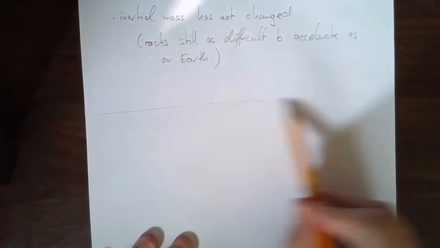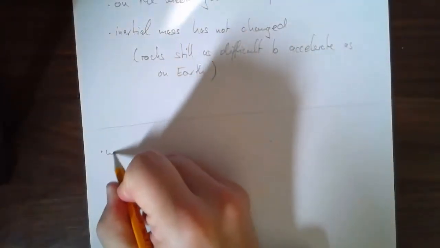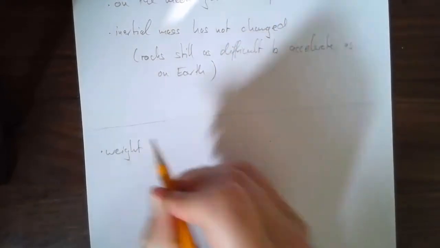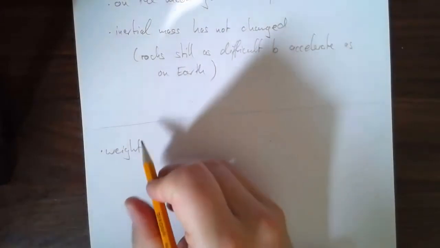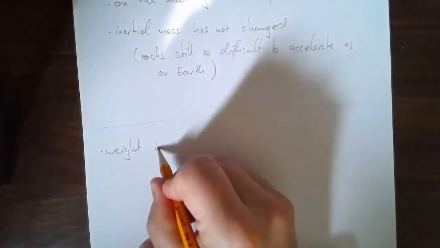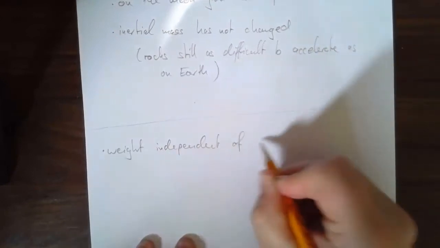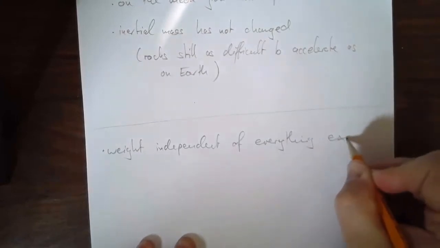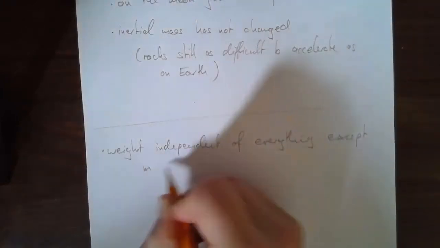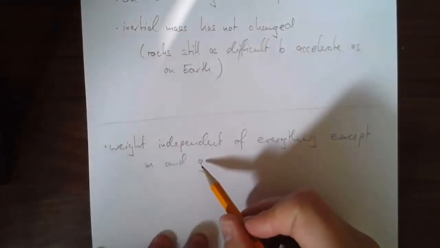Now, just a final remark here. While we're talking about weight, this is the positive remark. Weight is independent of everything else except the mass M and the strength of the gravitational field g. So this is what planet are you on, really.